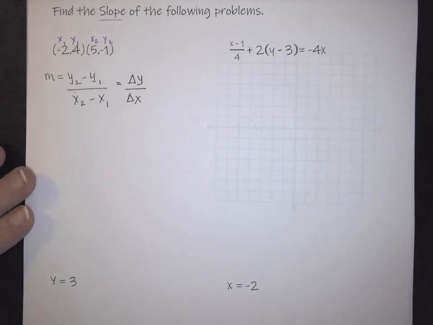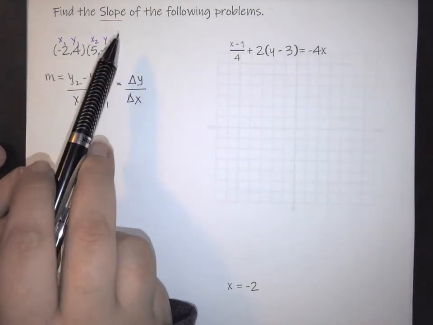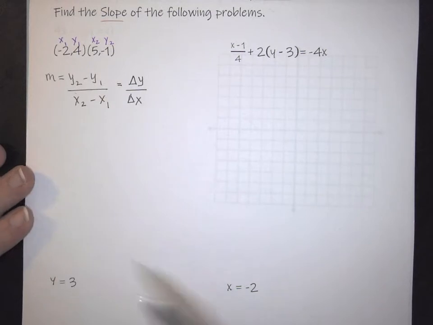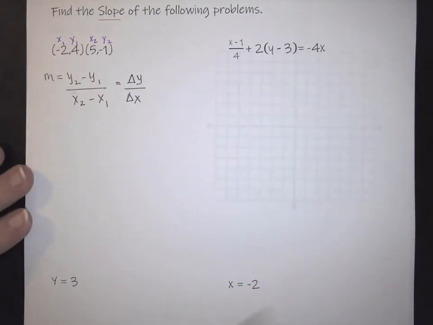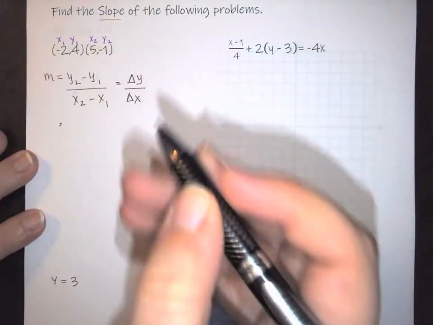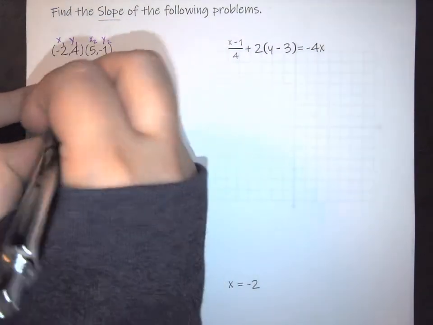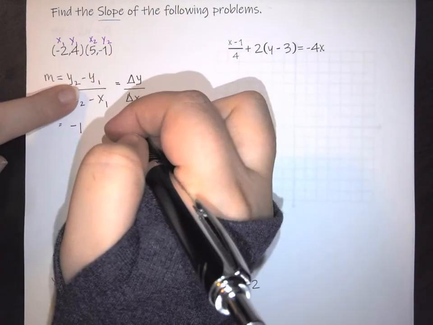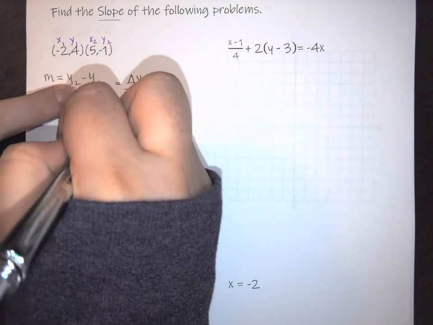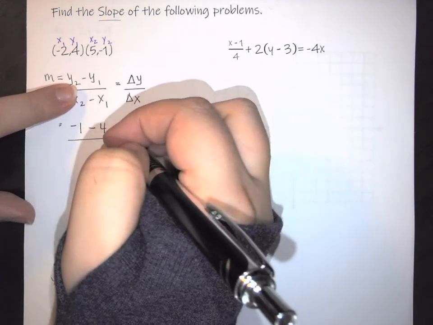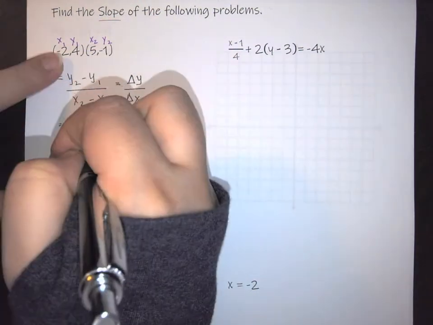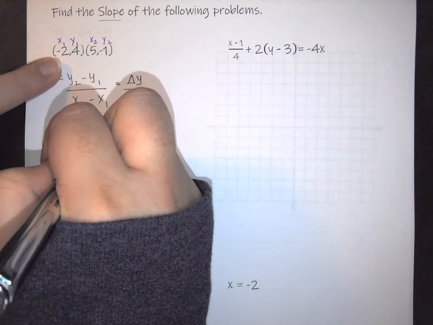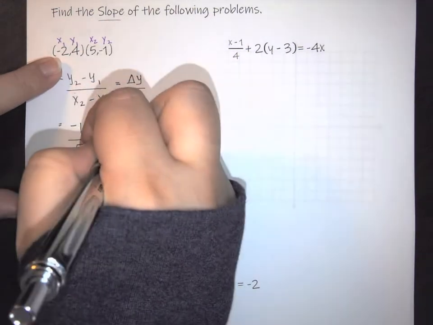In some instances, I like to label my points before I start plugging them in so that I keep myself on the right track. So I have to do y2, which is -1, minus y1, so minus 4, all over x2, which is 5, minus a -2, so plus 2.